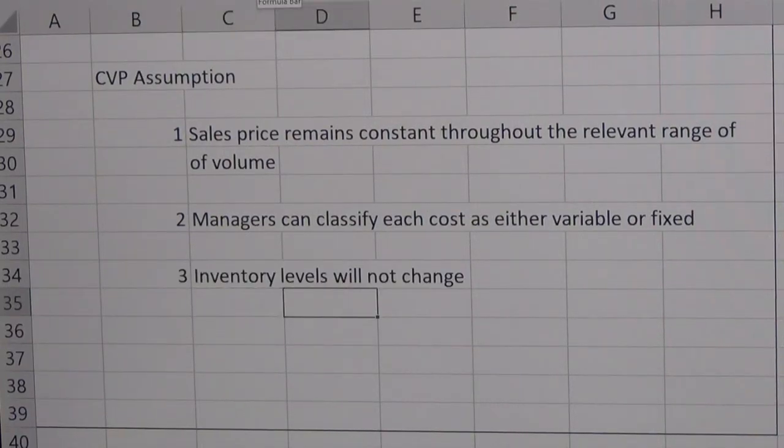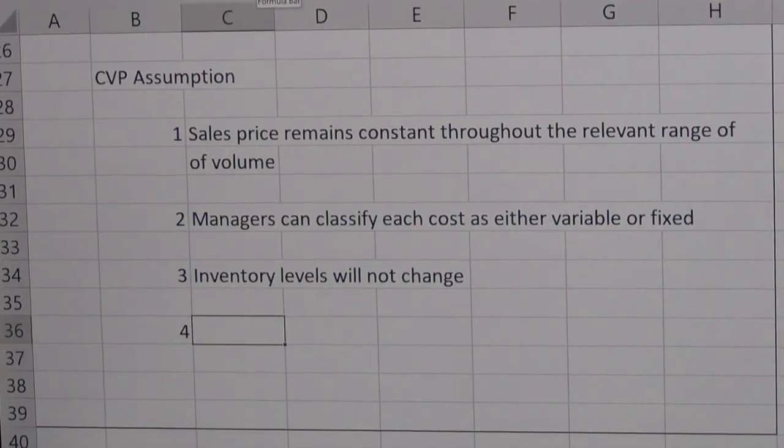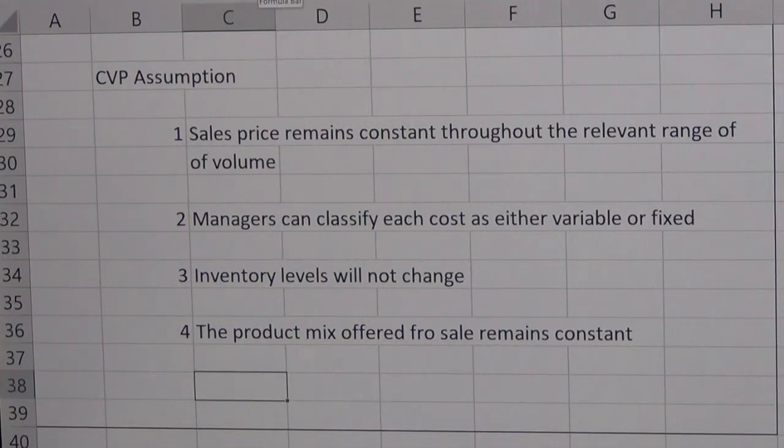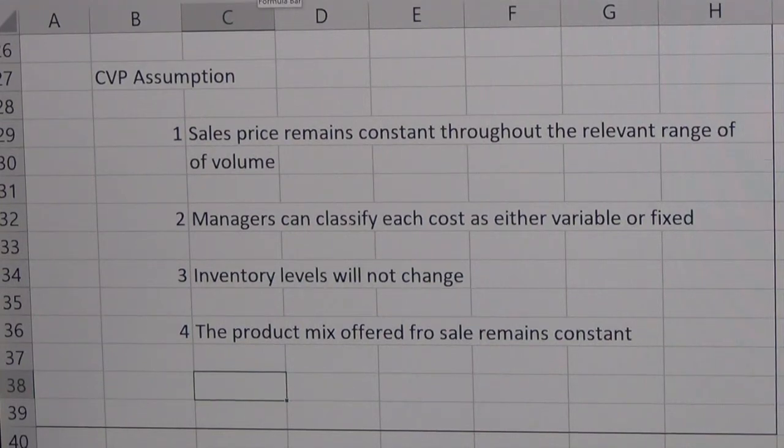Okay, so the third assumption we're going to make is that inventory levels will not change. And then finally, the last assumption we're going to make is that the product mix offered for sale remains constant. So with these assumptions, then we'll be able to come up with some really interesting analysis and projections.